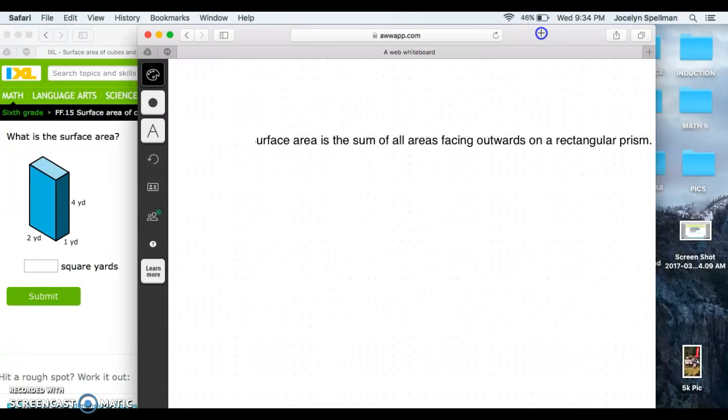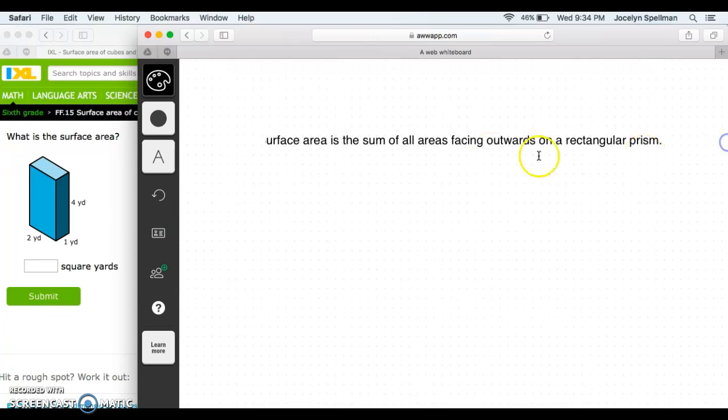And if you want to reword it differently based on how you interpreted it, that's totally fine. But we're going to say surface area is the sum of all areas facing outwards on a rectangular prism.